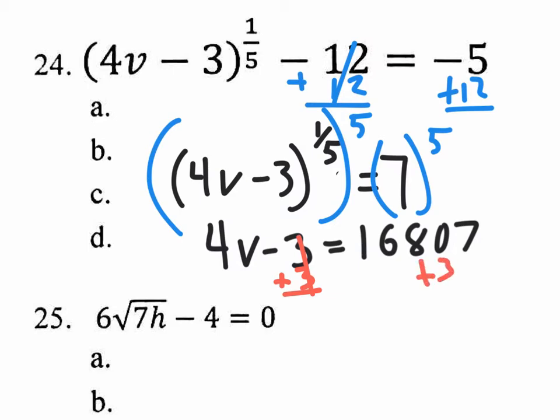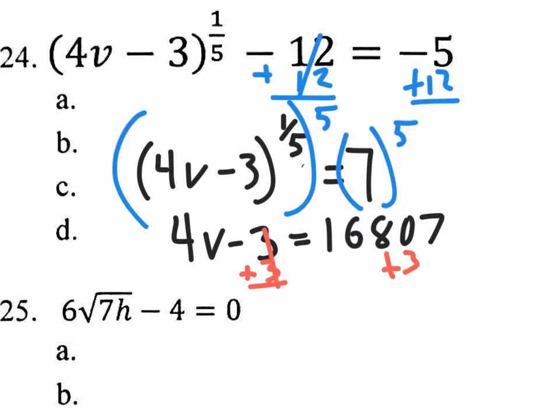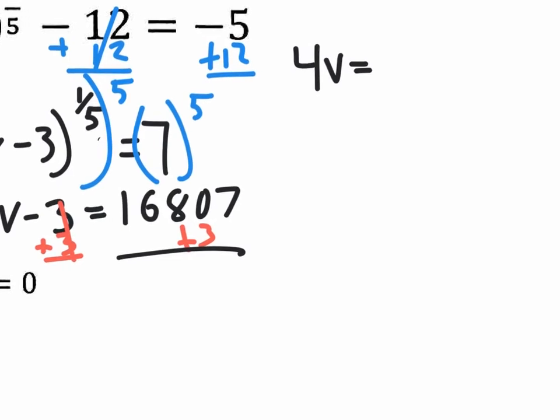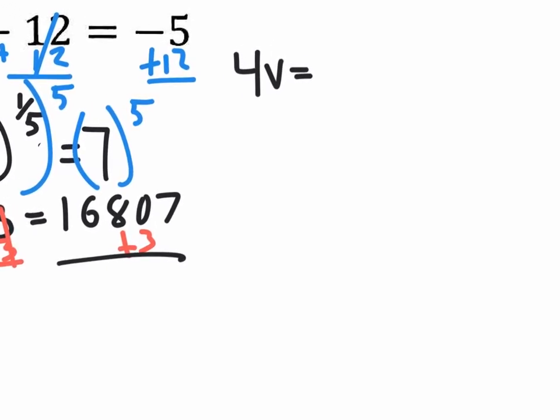Add 3. So this will be, let me rewrite it over here on the side. 4v equals, what's that, 16,810? 16,810. And we're going to divide both sides by 4.